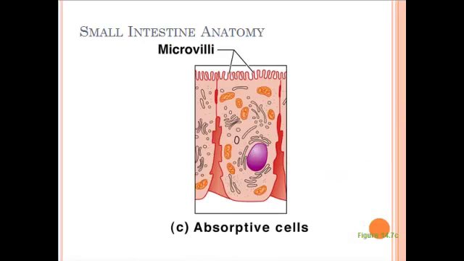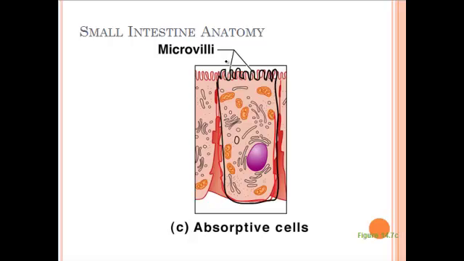And here we can see the cells. So on the villi, here's our columnar cell here. And on this end of the cell, you have these little finger-like projections, and they're increasing the surface area. I've heard it said before that if you were to take the small intestine and spread it out so that you're spreading out all the surface area, even clear down to these microvilli, that surface area could cover something like a tennis court.